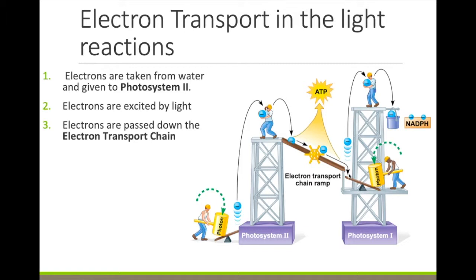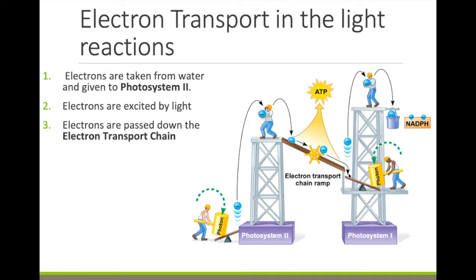That little bit of energy is going to move hydrogen ions from one side of the membrane to the other side of the membrane to move them against their concentration gradient, just like we did in cellular respiration. Eventually, we're going to have hydrogens moving through an enzyme called ATP synthase, and that's going to produce ATP.